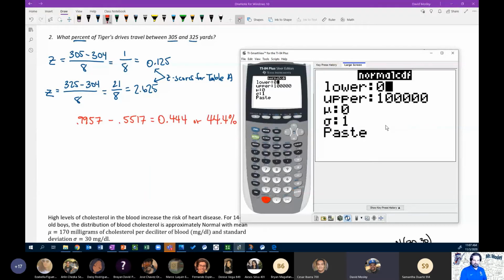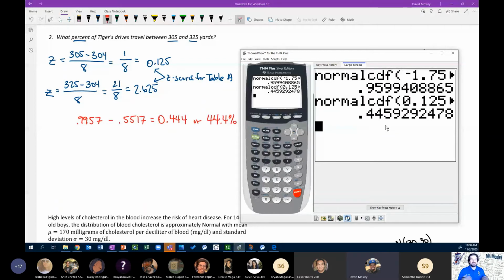So I have 0.125 and 2.625. In this case, I don't have to round off any of that decimal. I can keep it all. We get a slightly different answer. Right? We get 0.4459.